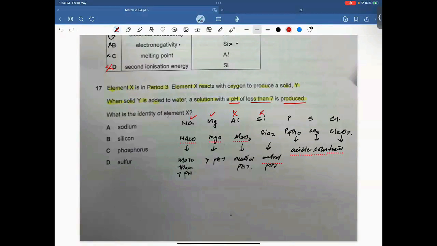Do we have sulfur? P4O10 gives you H3PO4 when placed in water. Let me give you the equations here. H2O plus P4O10, you will get H3PO4.